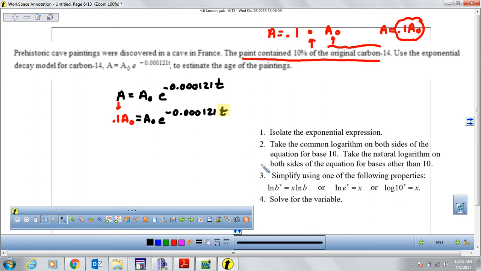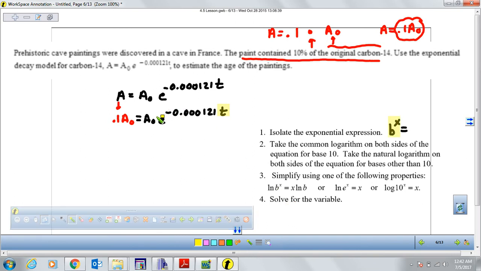The first step in the process was to isolate the exponential expression. What does that mean? Whatever the base is raised to whatever the power is, you need to leave it by itself on one side of the equation. Right here my base is E and my power is negative 0.000121t. This is the exponential expression, so I need to isolate it.